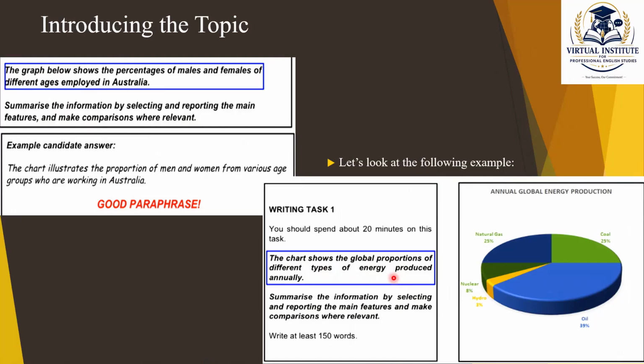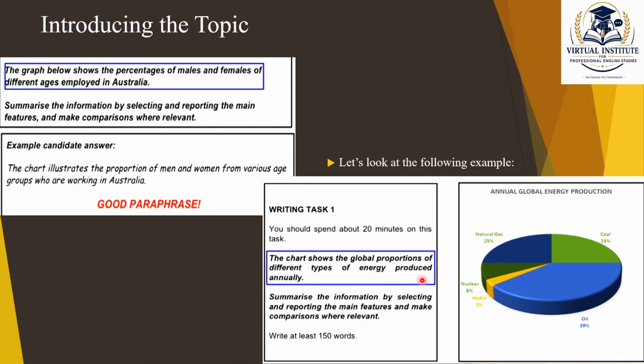Is there any other word for produce? Production, there is a word called manufacturing, but again, energy is not manufactured, right? Energy is only produced. There is no other word for the production of energy, right? Generated, yes. Energy generated. You could have said generated.